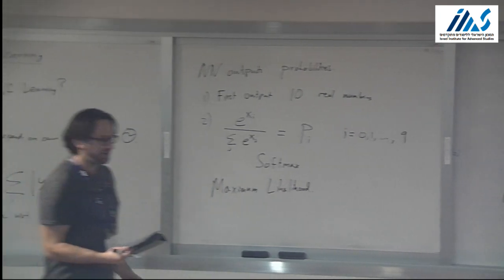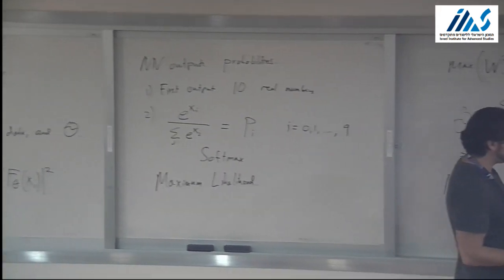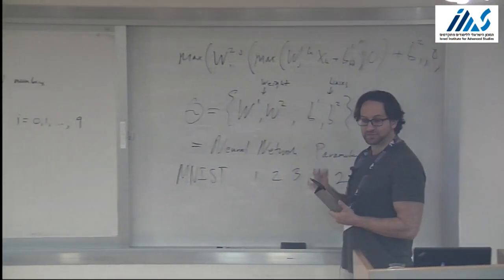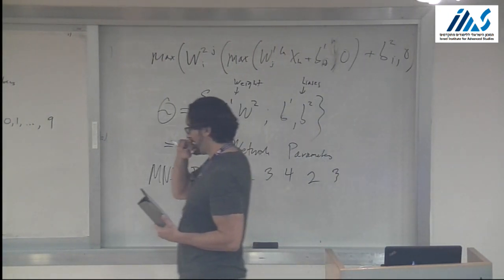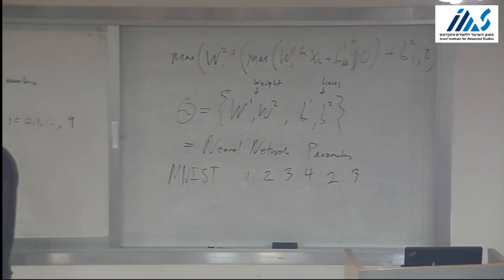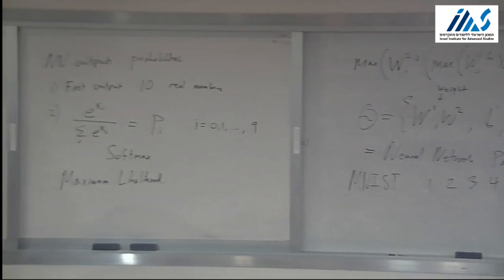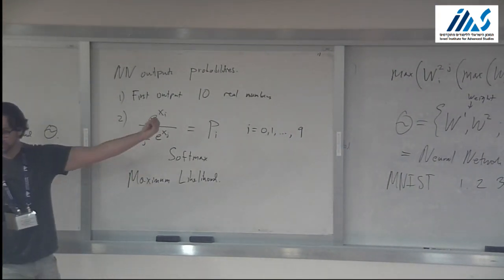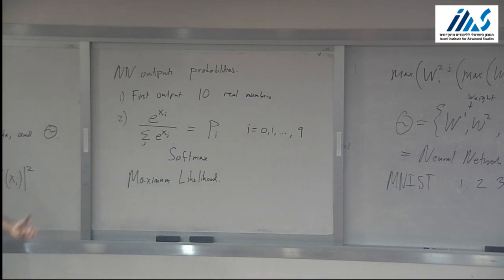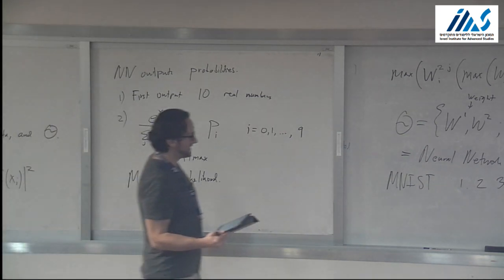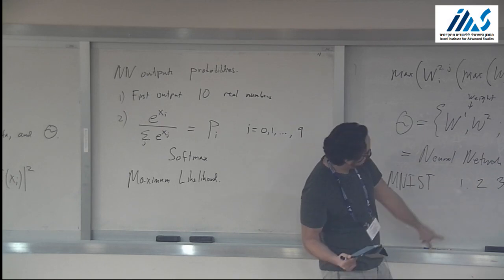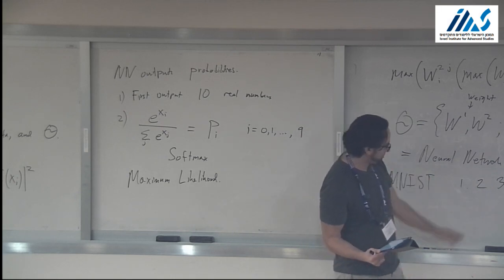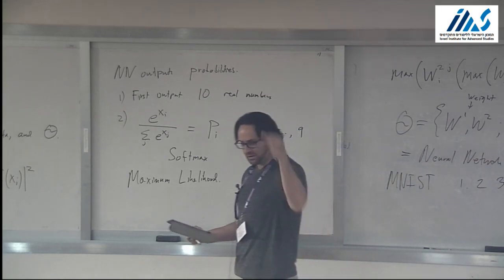Well, if my data consists of these digits as images, along with a label which says which digit they actually are, then I just want to maximize the probability of the correct label and minimize the probabilities of the other labels, right? A good image classifier will say with 99% accuracy this is a 1, with 99% accuracy this is a 2, etc. So I want to maximize the probability.